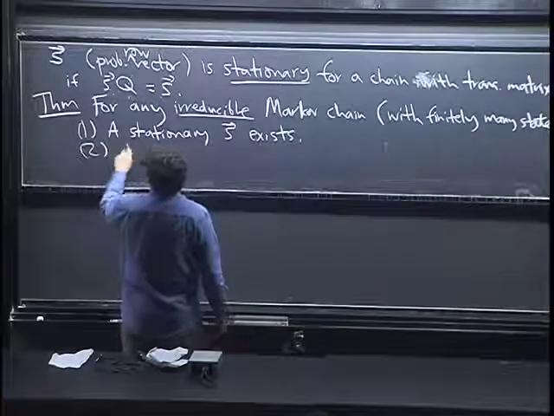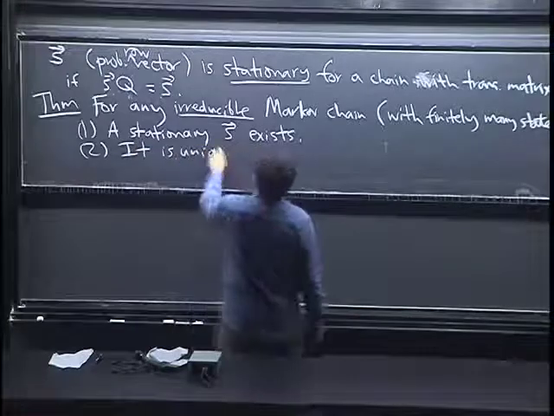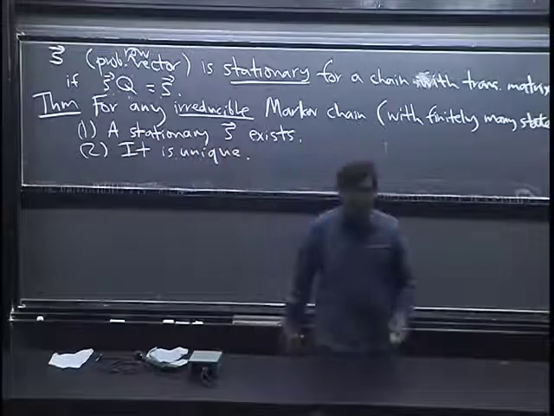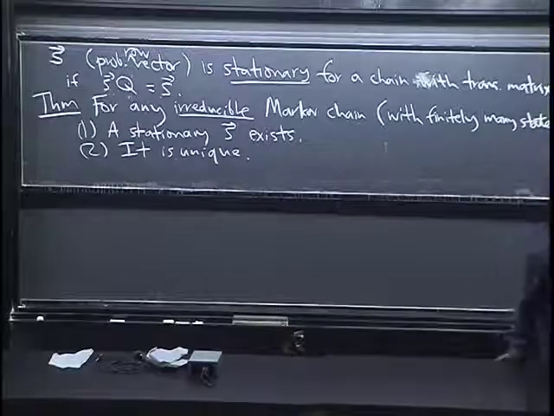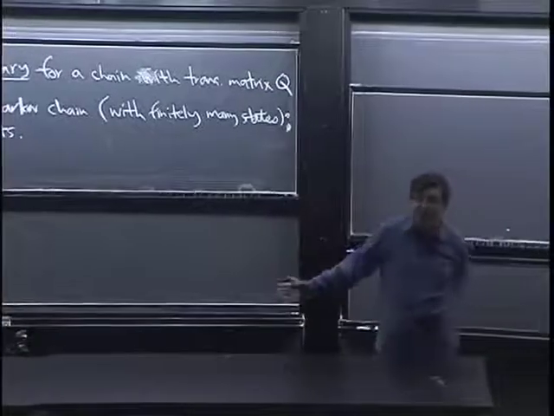Secondly, it's unique. So there exists a unique stationary distribution, even if there are a trillion states.